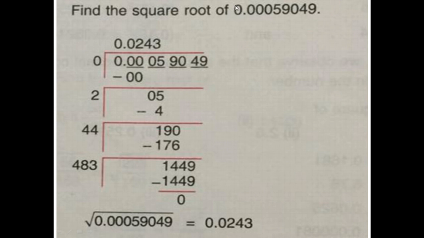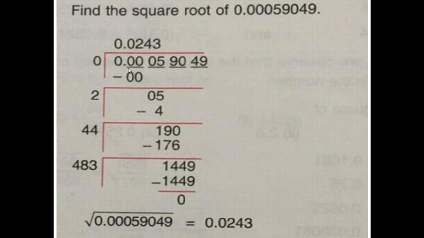The method is the same, the long division method which I have already done earlier. But just because of this point, there is a change in making pairs, nothing else. First of all, you will write the point, and because here there is no number, we can't make pairs here, so leave it.